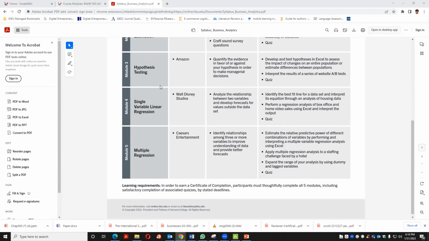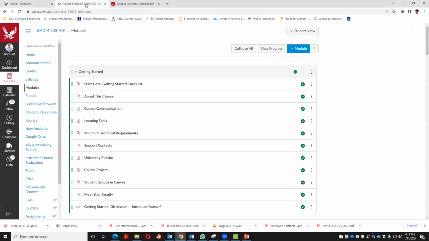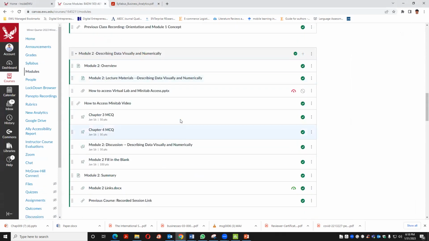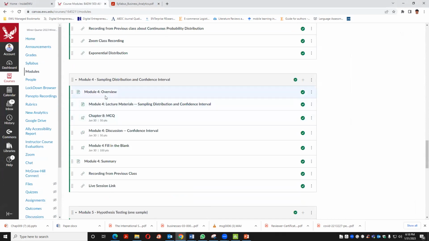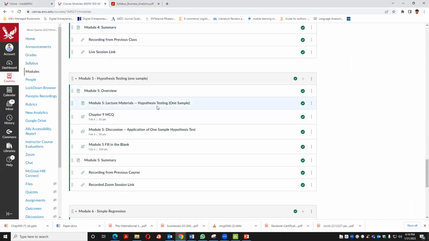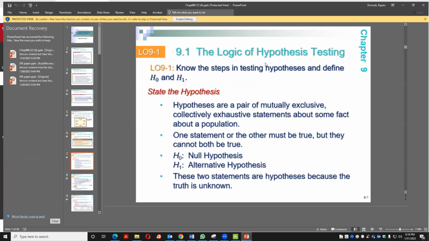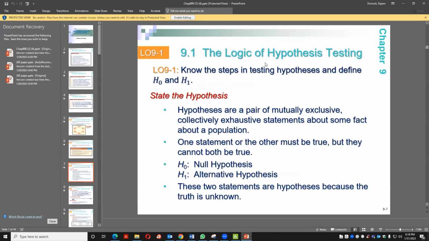Now let's start module number 5, which is hypothesis testing. I hope you are enjoying the course. What is hypothesis testing? Let me start with a few points related to hypothesis testing, and then we will do it in our Minitab, and then we will learn how to do it and what we can conclude.